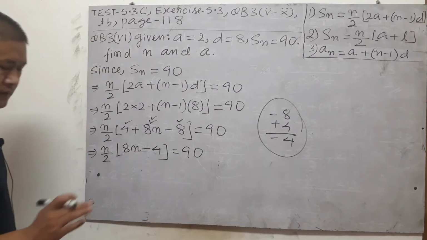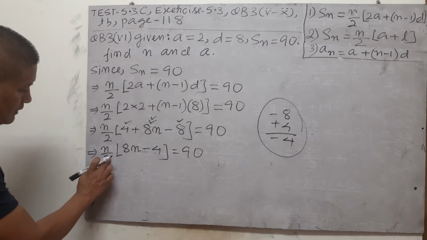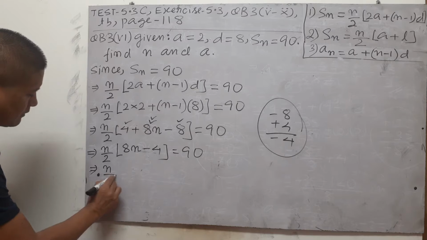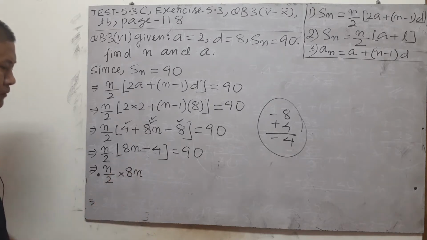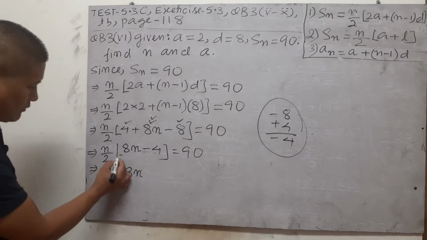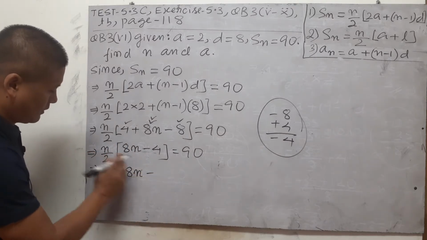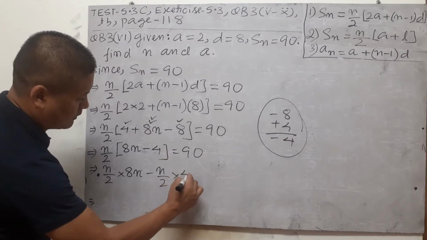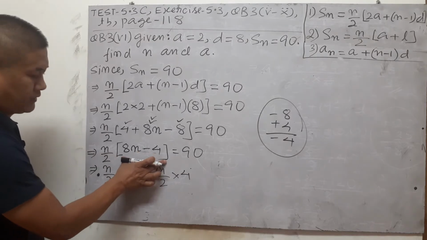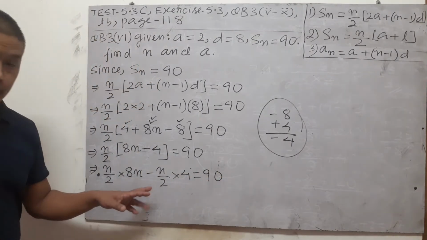You can do it by different methods, but let's just follow this here. Multiply this to this, so n by 2 multiplies this 8n. I'm removing the brackets, and plus and minus, minus, then n by 2 into this 4. That way this bracket is removed, equal to 90. This way also you can do it.